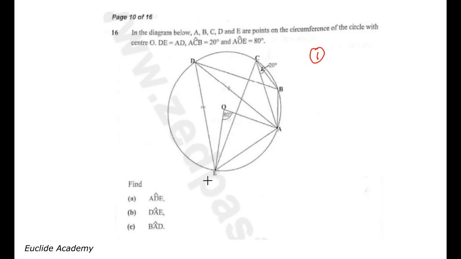I'll repeat that: an angle subtended at the center of the circle is equal to twice the angle subtended at the circumference of the circle.